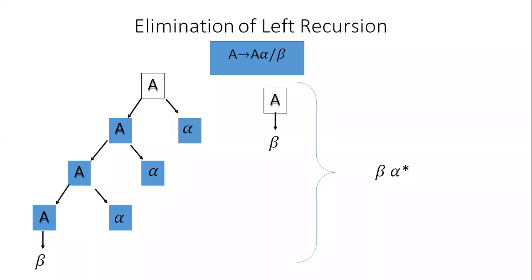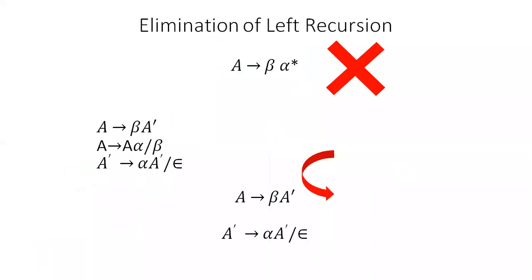How are we going to eliminate this left recursion problem? If the grammar is in the form of A tends to A alpha or beta, then such grammars can be converted like this.